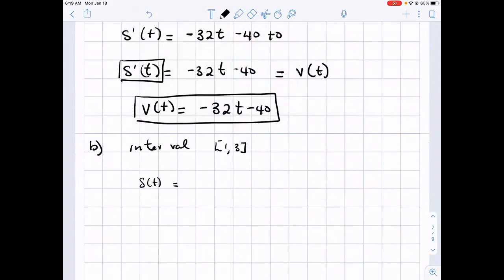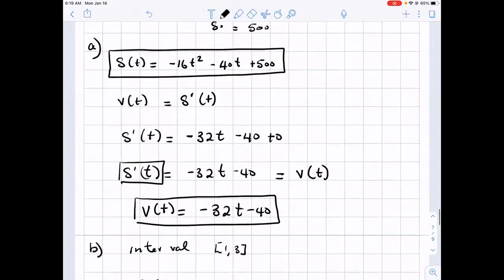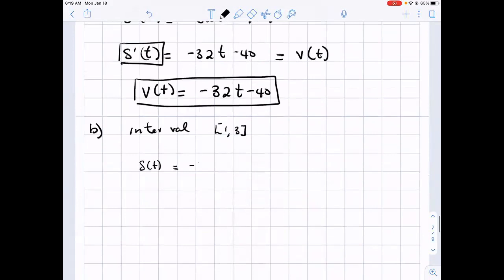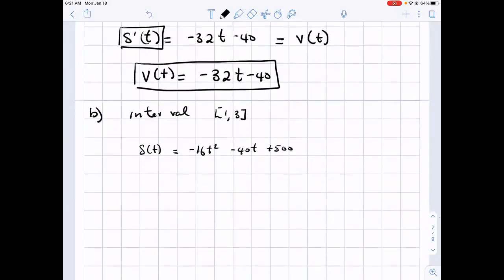S of t we know was minus 16t squared minus 40t plus 500. So that's our S of t.